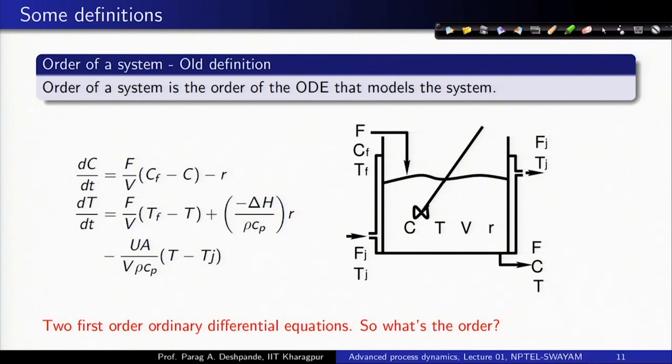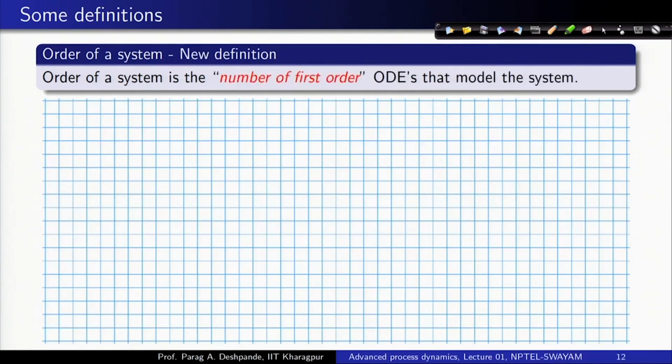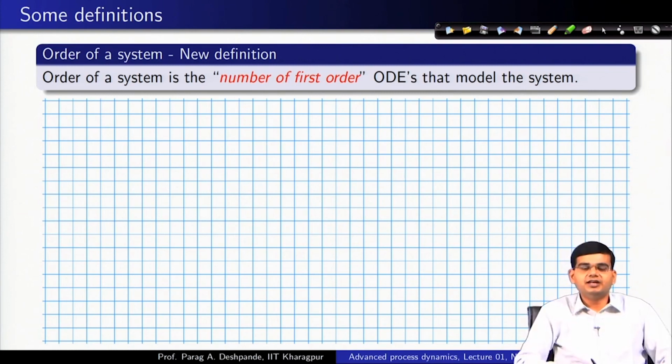So, now we define a new definition of the order of a system as the number of first order equations which are present in the system. So, order of a system will now be the number of first order ODEs that model the system. And is there a correspondence between the older definition and the new definition? Well, we can establish that.